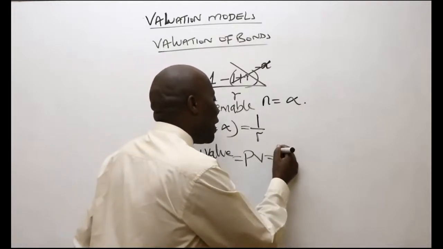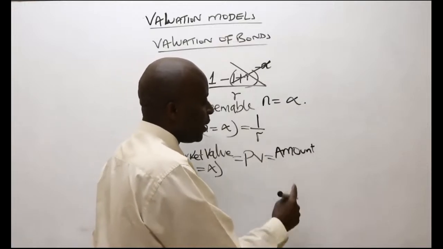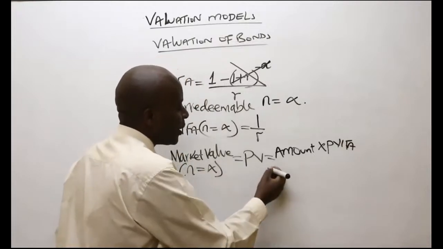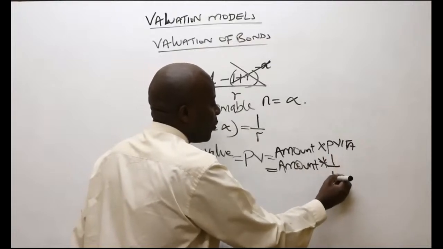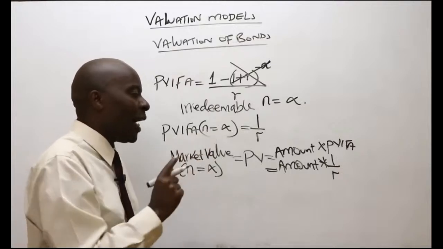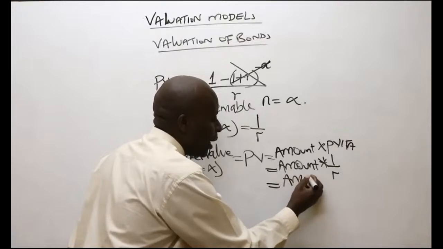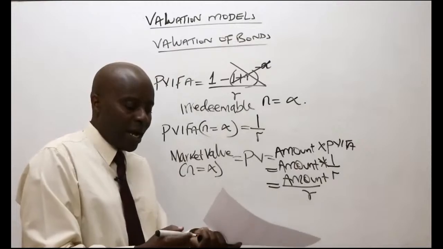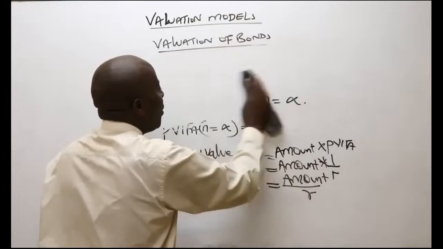I'll be required to take the amount which we shall be paying every year, times the PVIFA for an annuity whose N has not been given, which is 1 over R. This will translate to amount divided by R. But what amount are we talking about here, my great friends?